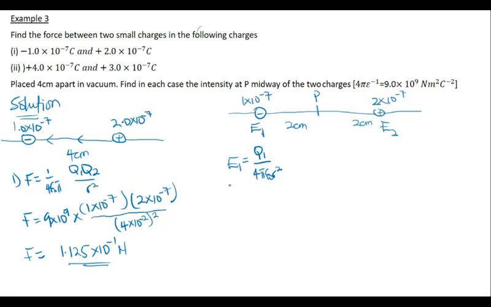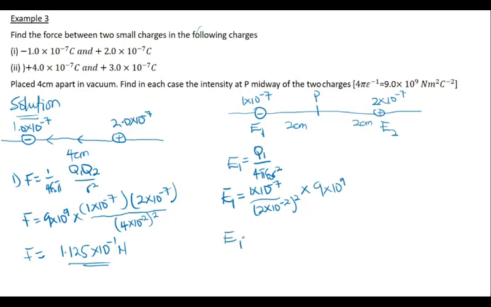So straight ahead we can find E1, which is equal to Q1, 1 times 10 raised to the power minus 7, then our constant, 1 over 4 pi epsilon naught, and the distance, which is 2 times 10 raised to the power minus 2, all squared, multiplied by our constant 9 times 10 raised to the power 9.